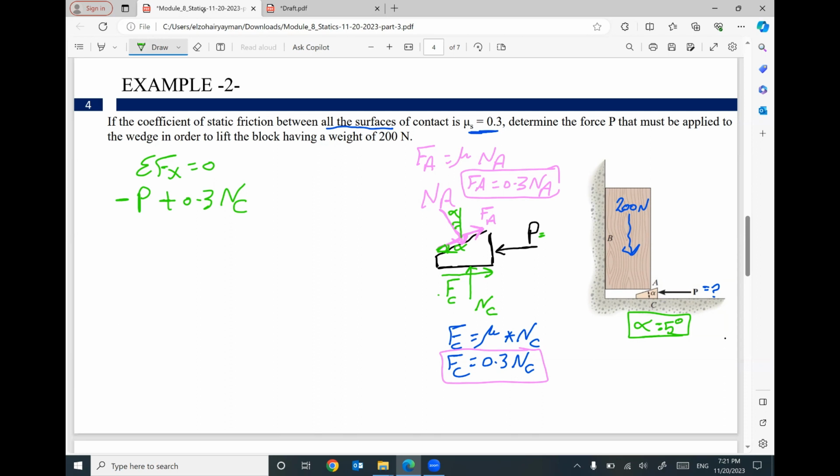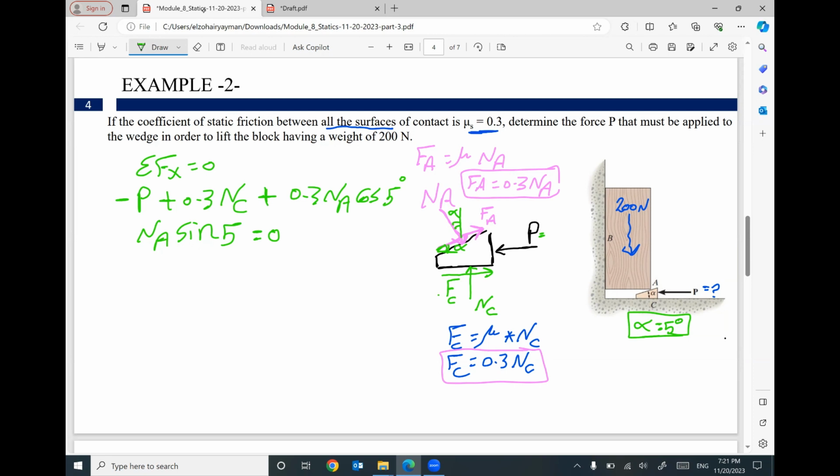In the x direction, I have FA cosine alpha, and FA equal 0.3 NA, cosine 5 degrees. In the x direction, I will have NA sine alpha, which is 5 degrees, equal 0.